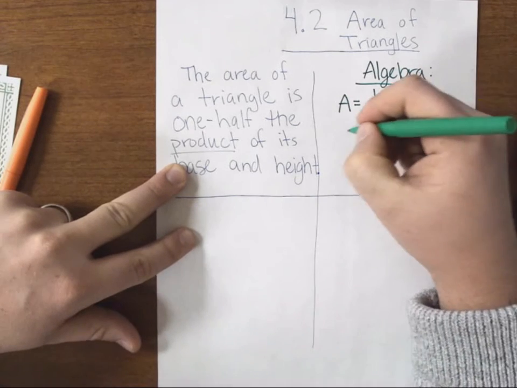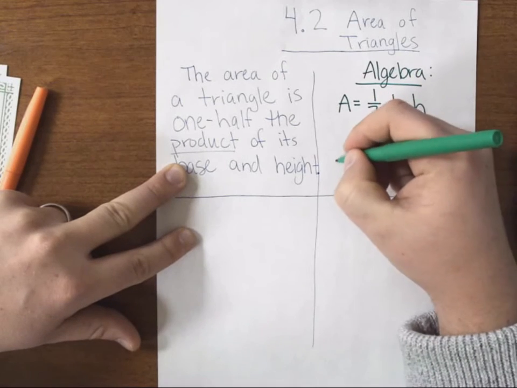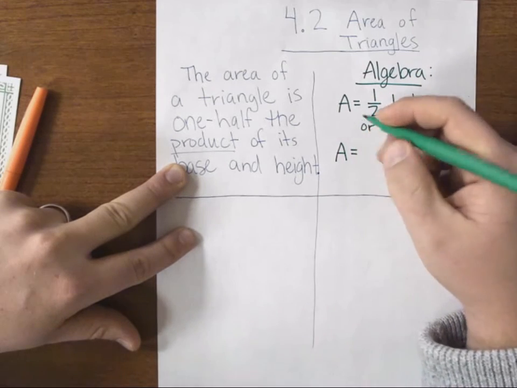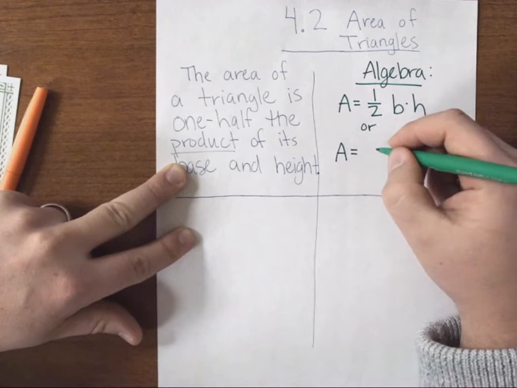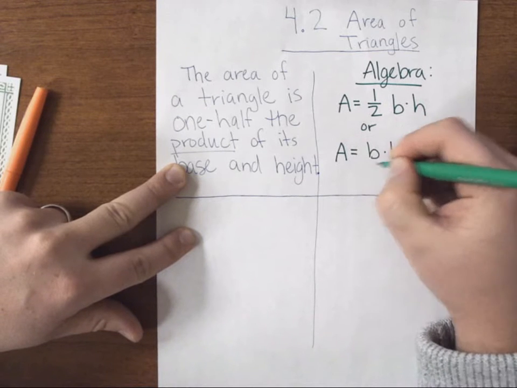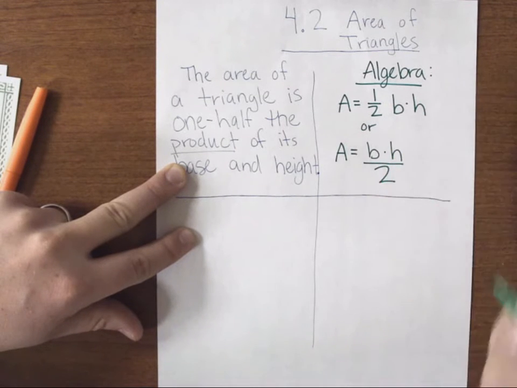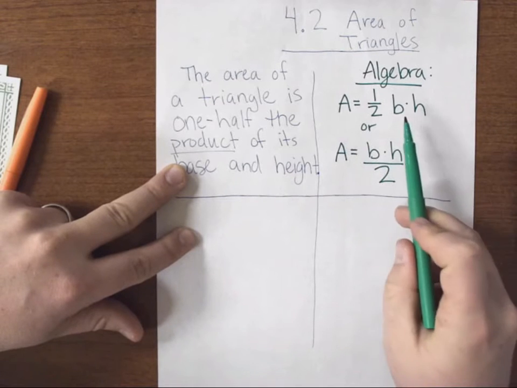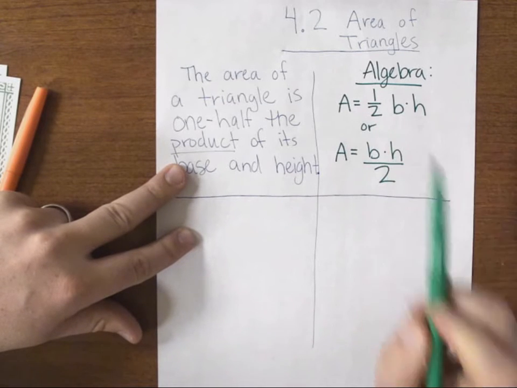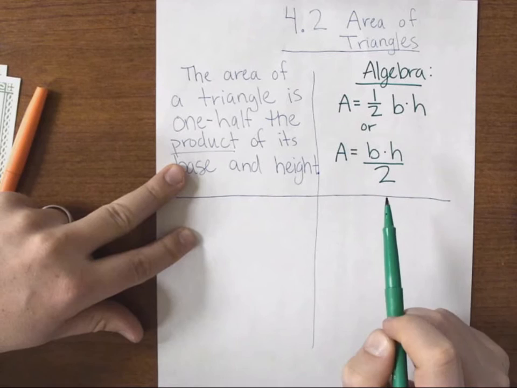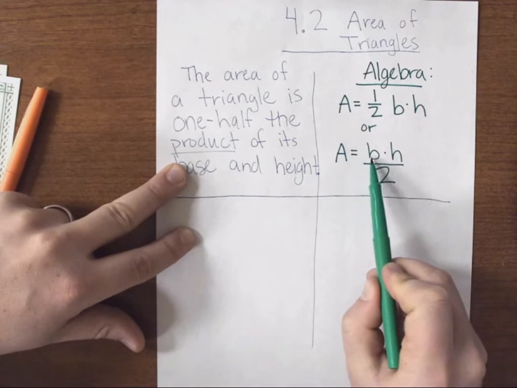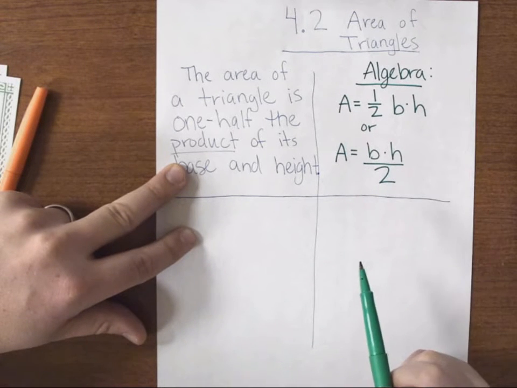Or you could write it A equals, so A for area equals base times height divided by 2. Those are the same thing. If we were to multiply the base and the height and multiply that by 1/2, it is the same thing as multiplying base times height and dividing it by 2.